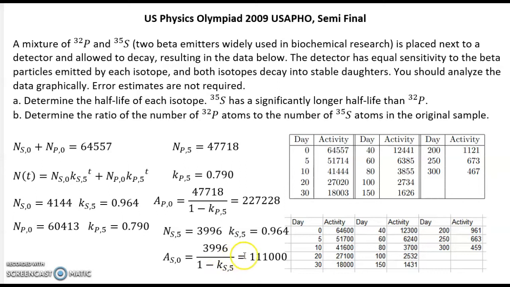And finally we have this answer, 111,000 elements. And the last step is to divide this number by this number to find our mass relation. So that will be around 2.05, this mass relation. So that's it. This is the answer for the second question.